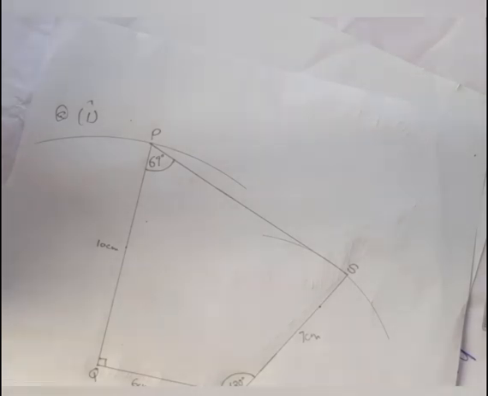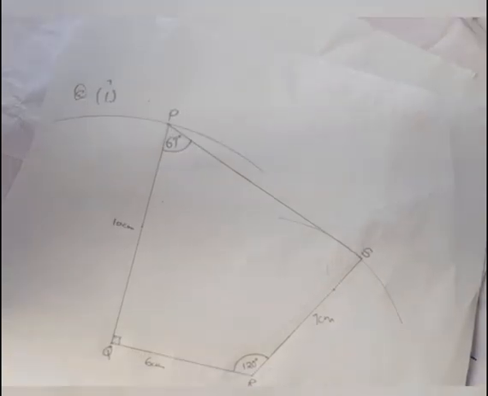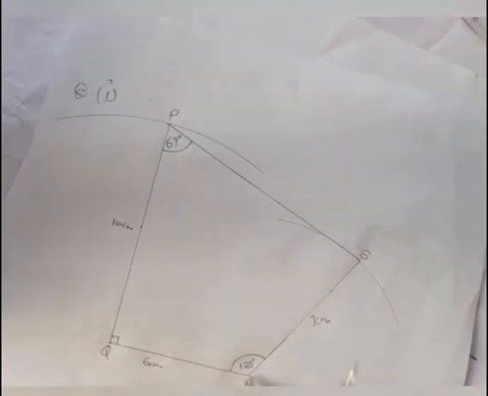Question B says, on your diagram, draw the locus of points within the quadrilateral PQRS, which are, Roman numeral 1, 8 centimeters from R. Where is our R? Our R is this.